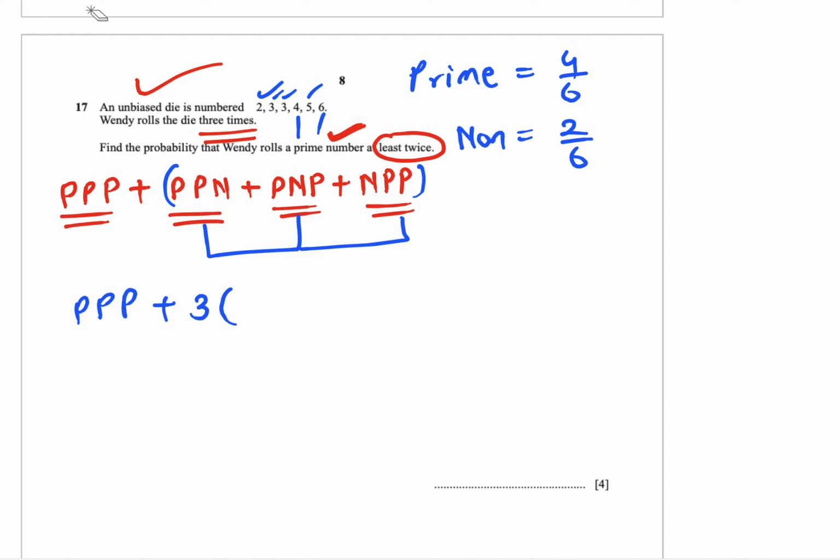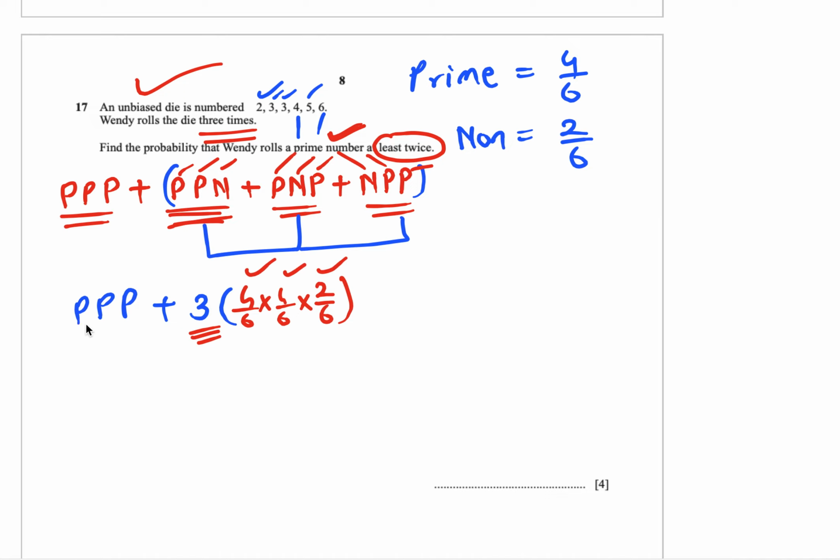Okay, so now we can move on this way: what will be the probability of prime, prime, non-prime, that is 4 by 6, 4 by 6 and 2 by 6. Because these three are the same, 4 by 6, 2 by 6, 4 by 6; 4 by 6, 4 by 6, 2 by 6, so I have just multiplied them by 3, because the internal order in multiplication doesn't matter.